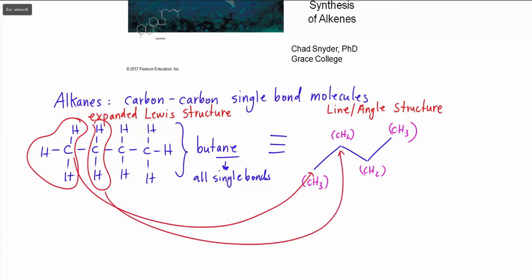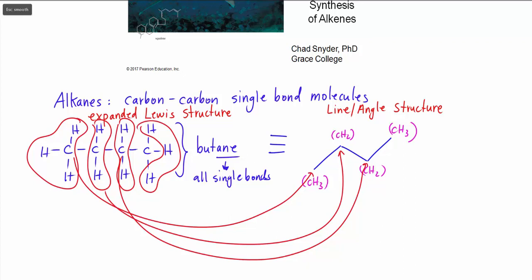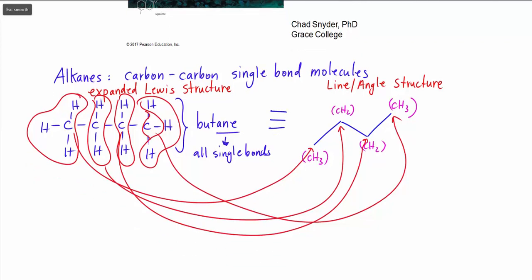That refers to that carbon with the two hydrogens. This refers to that carbon with the two hydrogens, and this refers to that carbon with the three hydrogens.